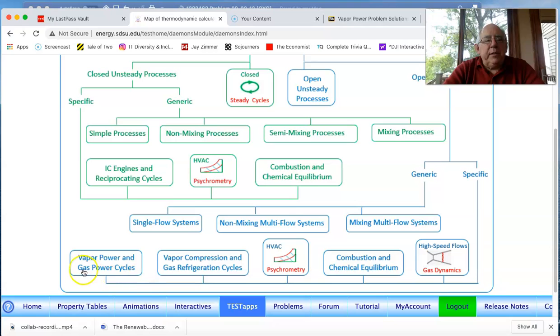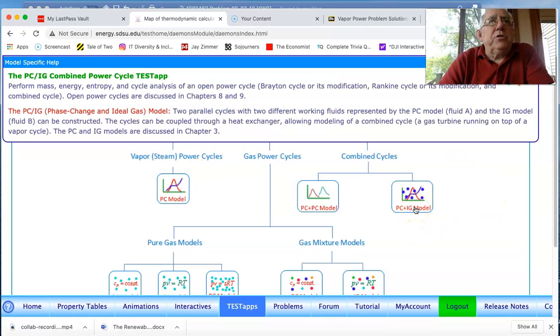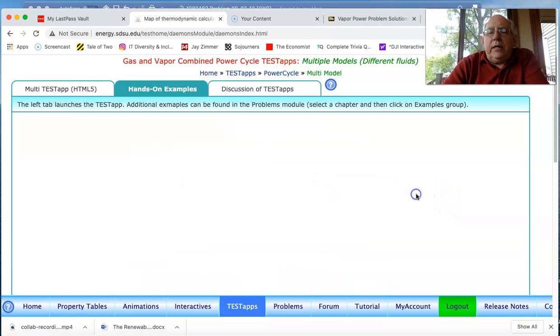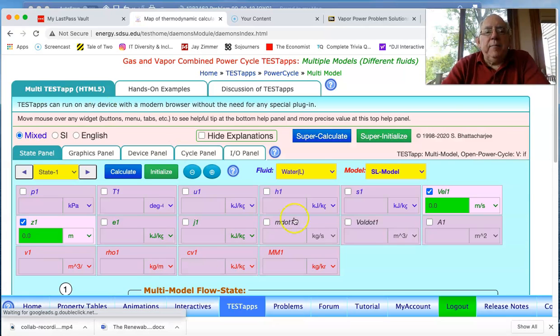The test app is still a vapor power, but it's also a gas power cycle. Instead of selecting this particular steam-only working fluid, we're going to select the case where we can have both steam as well as any ideal gas. We spoke of this last time.